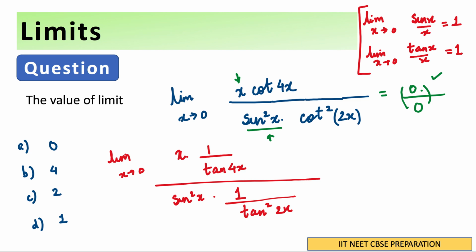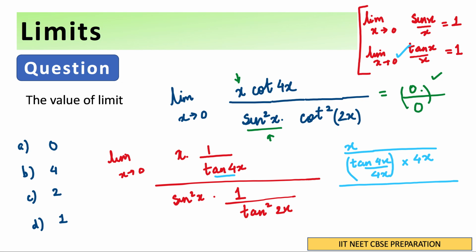Now we need to use these two limits. First of all we have tan 4x, so we will divide and multiply by 4x. So x upon tan of 4x divided by 4x, into 4x, and now this form is the same as the standard form.